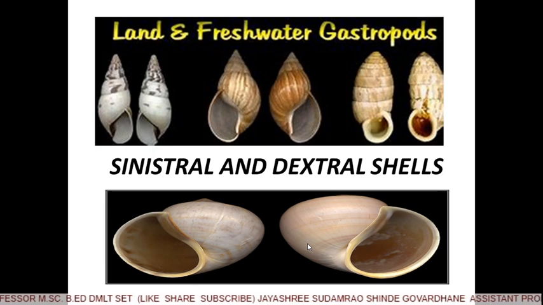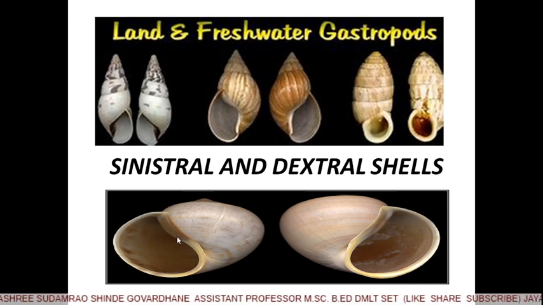Most of the shells of Pila are dextral. The shell of Pila may coil anticlockwise, that is, when viewed, the mouth is towards the left of the axis. Such shells are called sinistral. Consider these two shells.